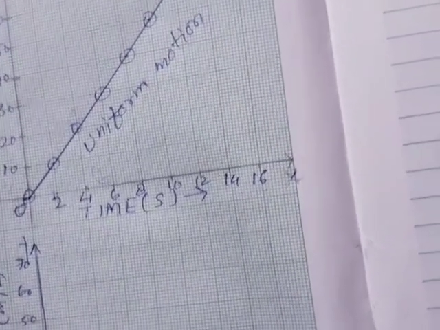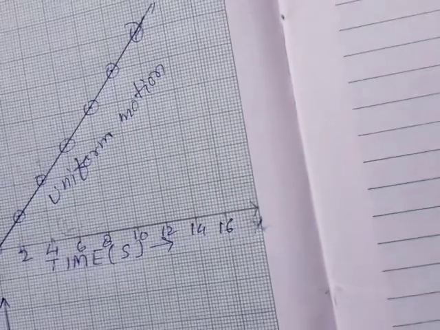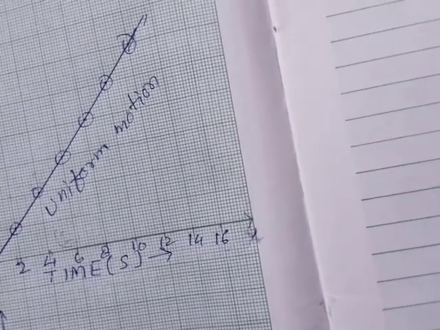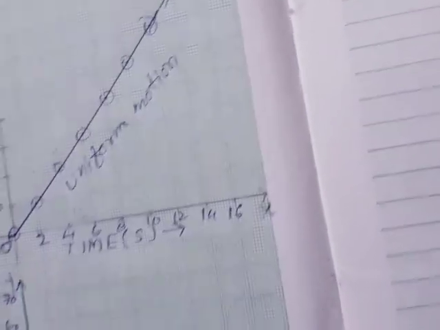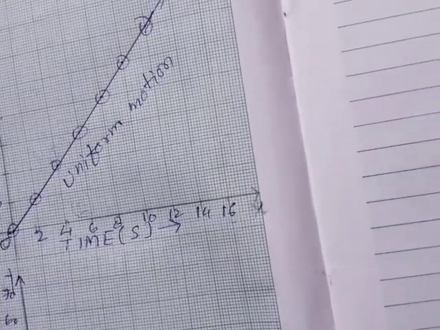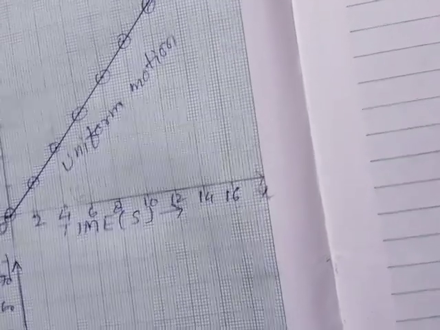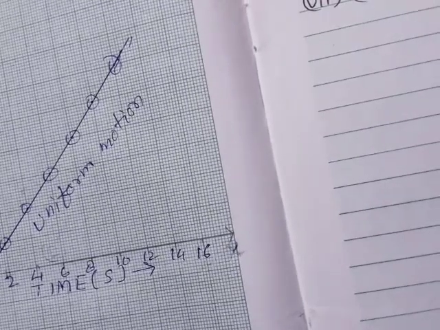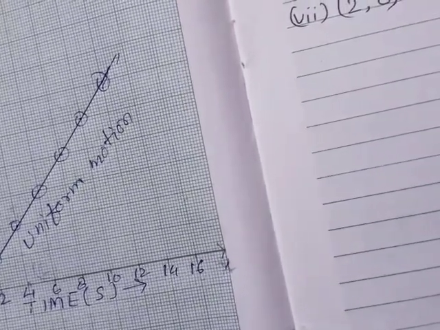Then at 30th, it is 36. So 36 is at this point. Then at 35, it is 49. 49 is just below 50. This is 49.